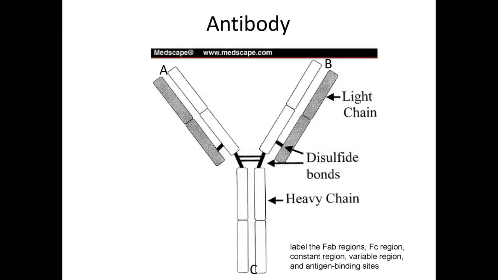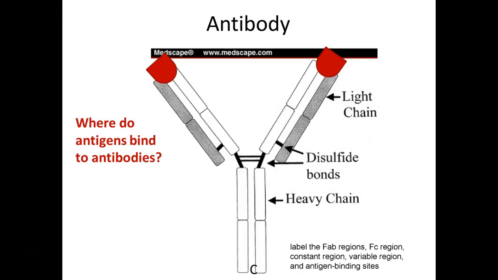It's frightening. Okay. So those of you guys in lecture, where do the antigens bind to the antibody? A, B, or C? And B. And, right? So they kind of grab onto it with their arms, you could say, right?